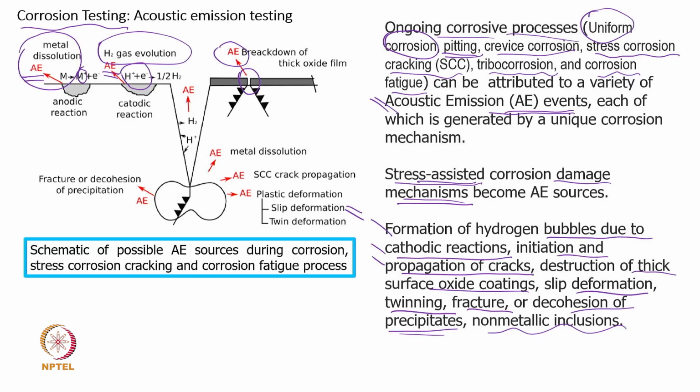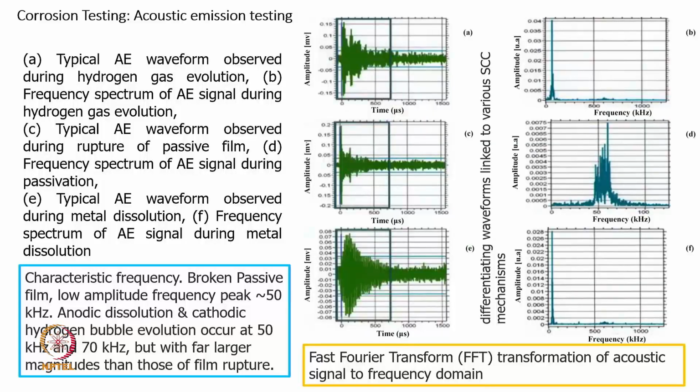Only when we have a sensor and associated units can this be diagnosed: which acoustic emission signal corresponds to the hydrogen bubble, which corresponds to the propagation of the crack, and which corresponds to the destruction of the thick surface oxide. So, we need to really detect those, and this paper also provides some signals.